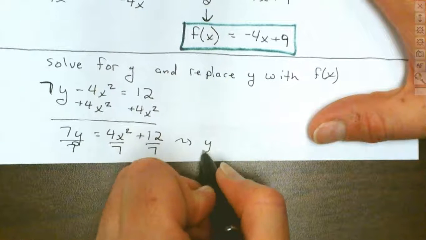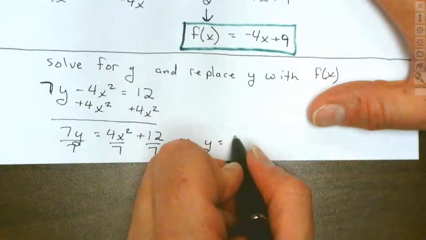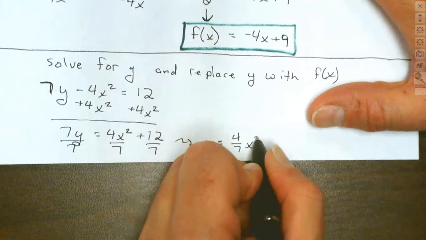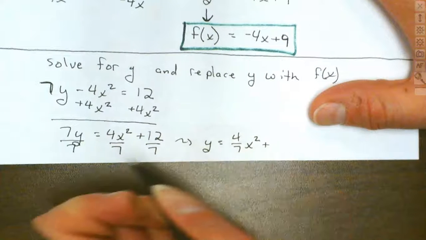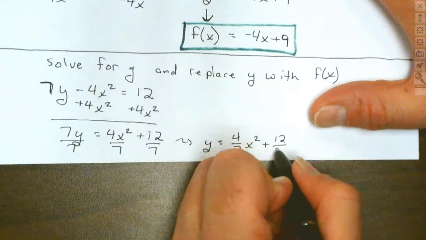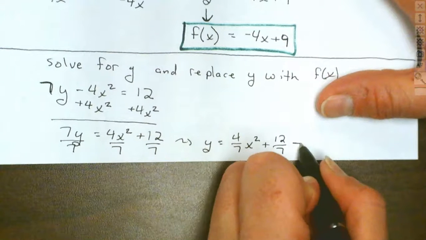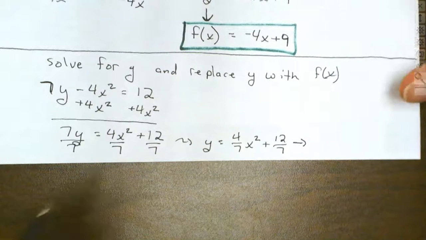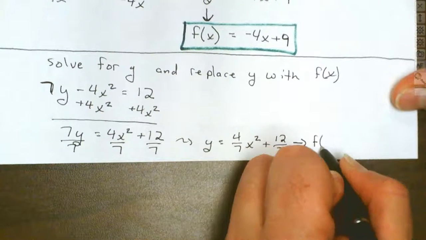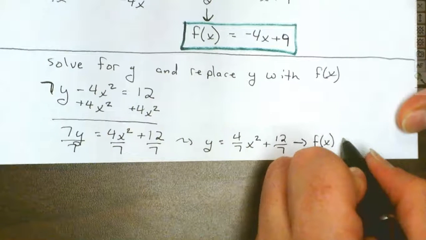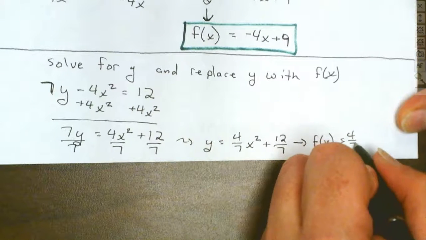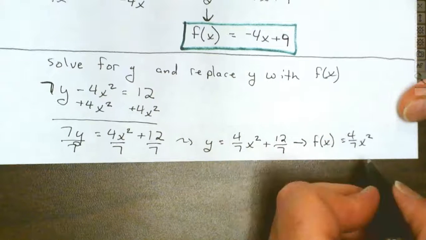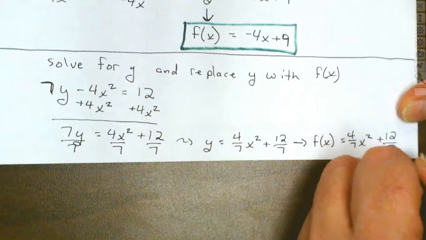And that gives us y equals 4/7 x squared plus 12/7. And what's our last and final step? We replace y with what? F of x. So it's f of x equals 4/7 x squared plus 12/7.